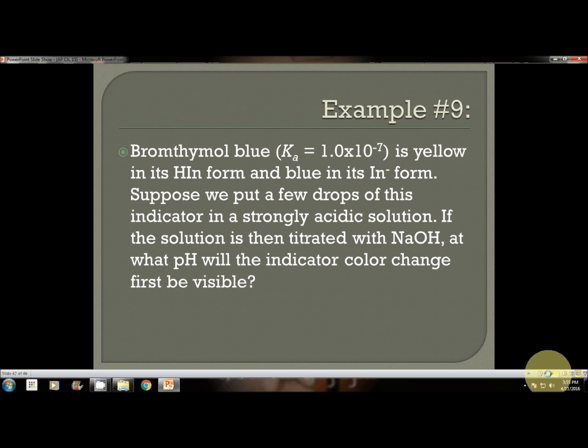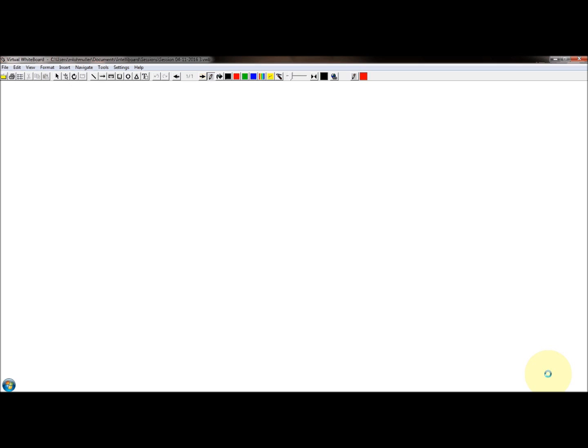For example 9, bromothymol blue is yellow in its acid form and blue in its conjugate base form. Suppose we put a few drops of this indicator in a strongly acidic solution. If the solution is then titrated with sodium hydroxide, at what pH will the indicator change color first be visible?